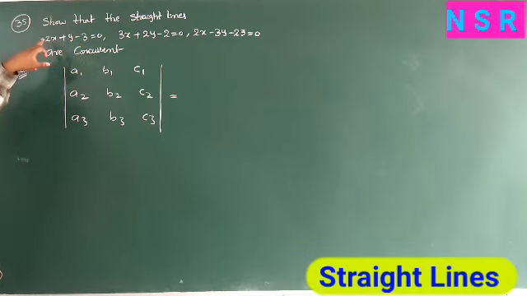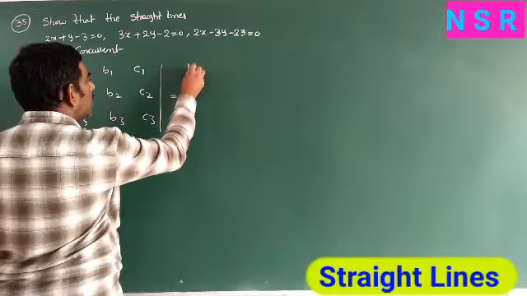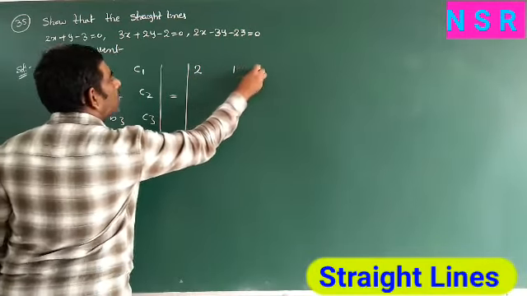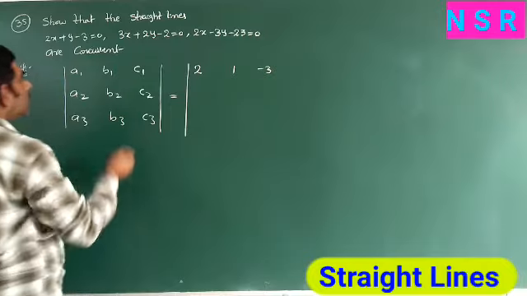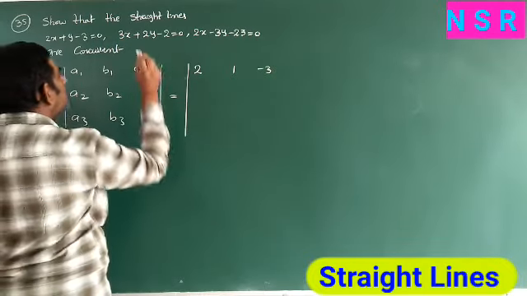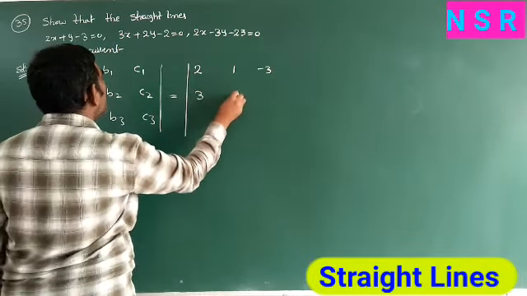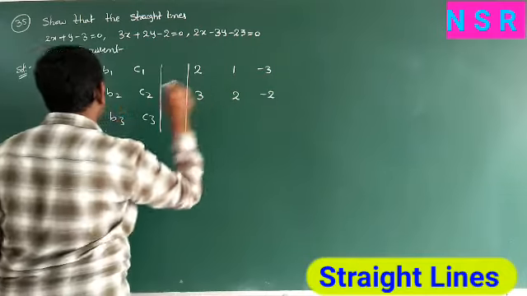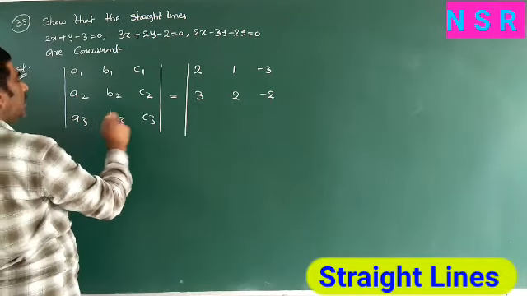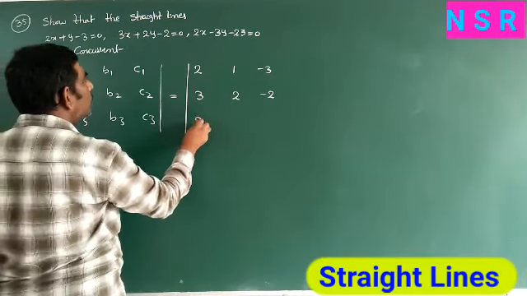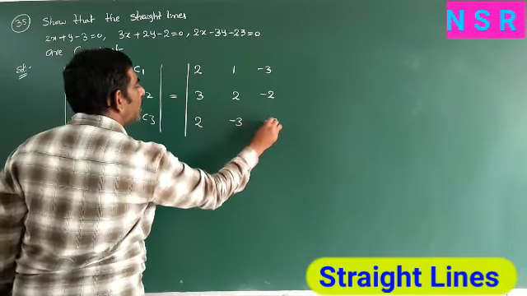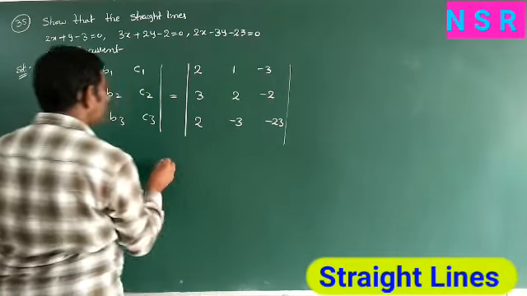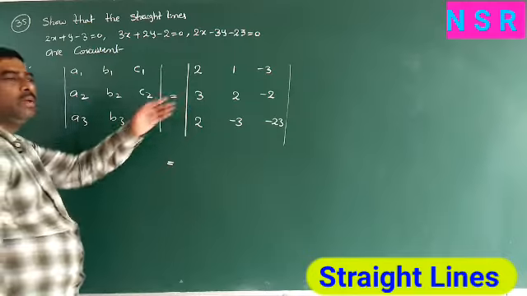So the first line is a1x plus b1y plus c1. Right here the determinant: 2, 1, minus 3. Next a2 b2 c2: 3, 2, minus 2. Next a3 b3 c3: 2, minus 3, minus 23. So this is a 3 by 3 determinant.